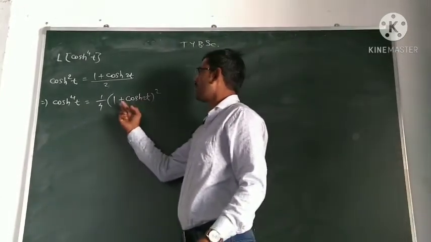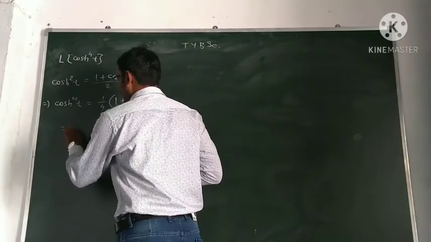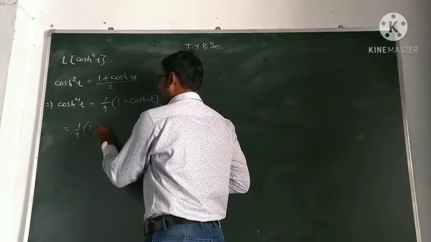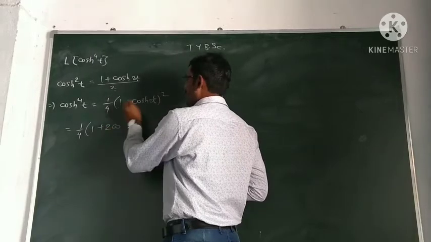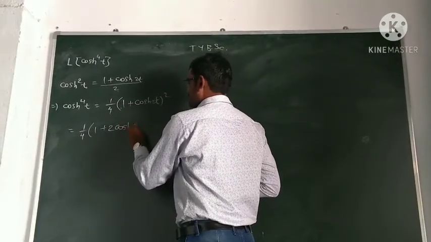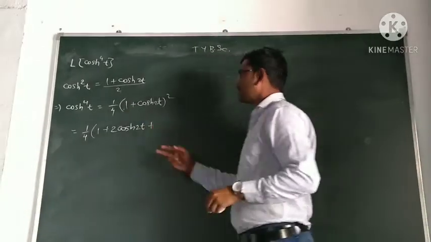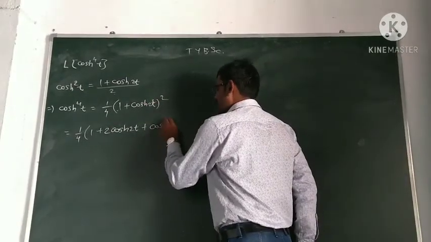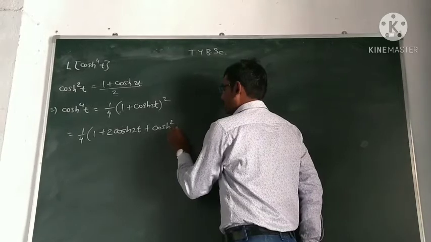Now here the formula of a plus b whole square applies. So this is equal to 1 by 4 as it is, times 1 square is 1, plus 2 times 1 into cos h 2t, plus the square of this term, that is cos h square 2t.